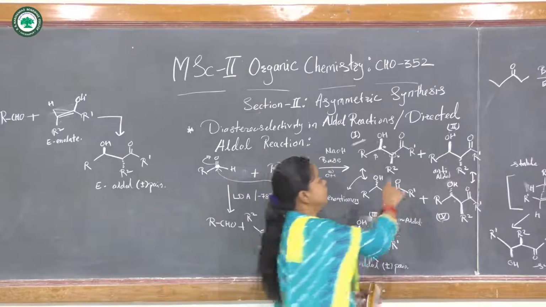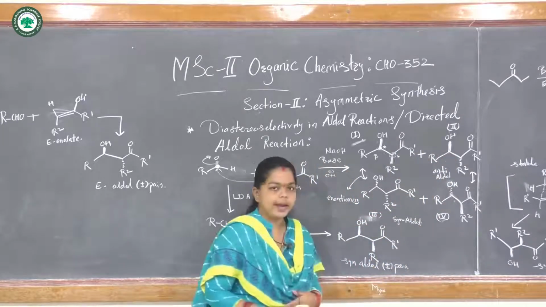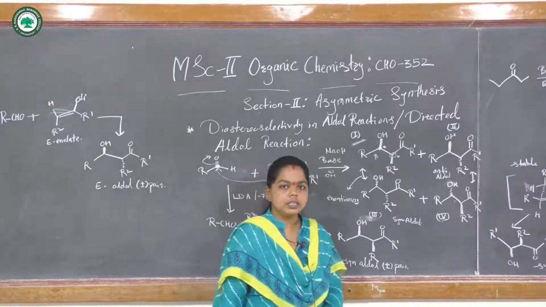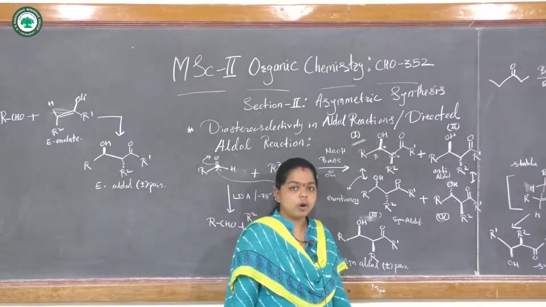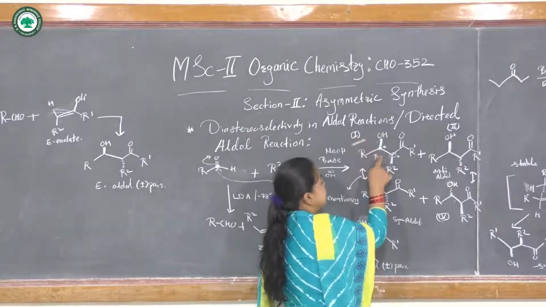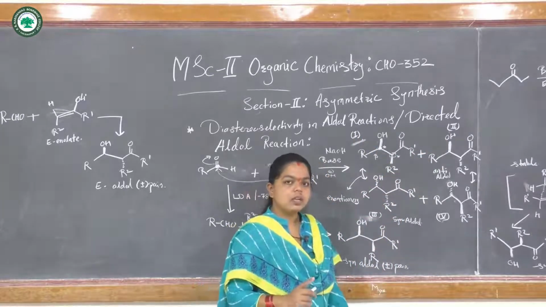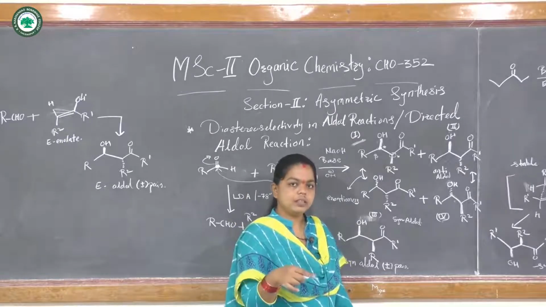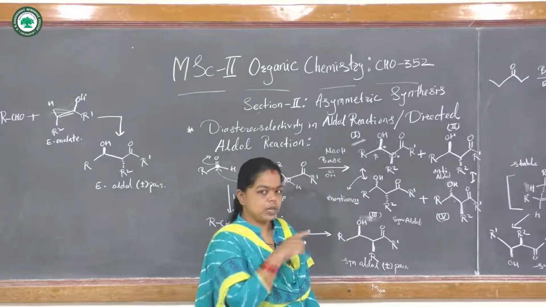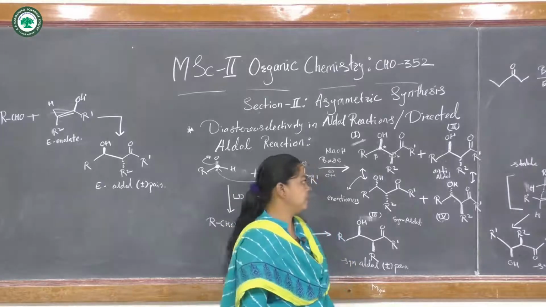These two are the diastereomers of each other. First and second are diastereomers because they have the opposite configuration at one of the carbon atoms. They have different physical and chemical properties.